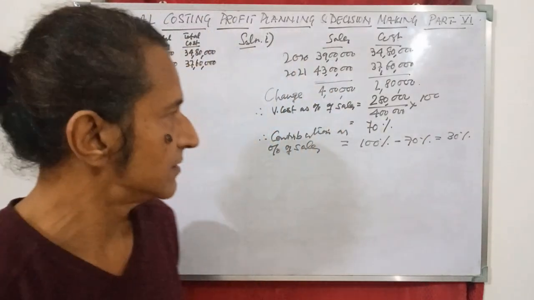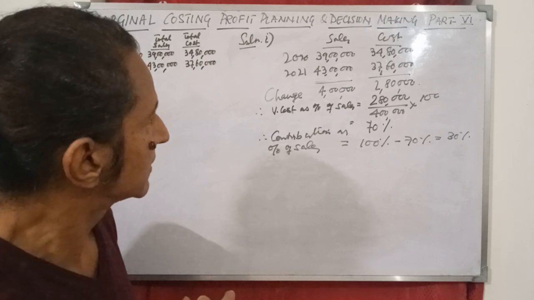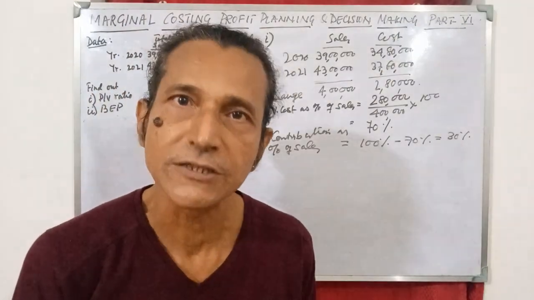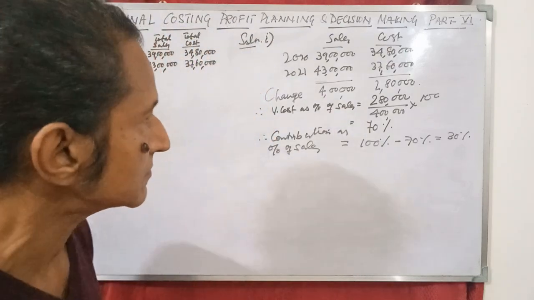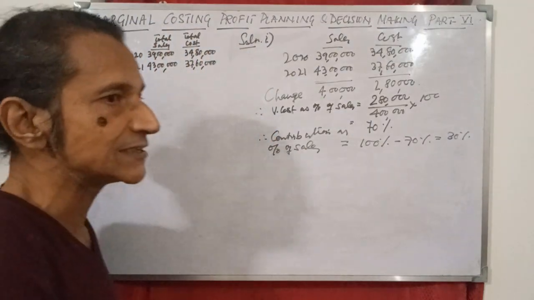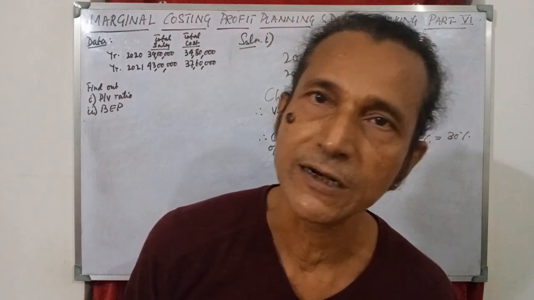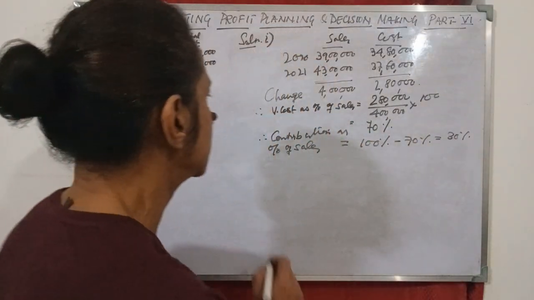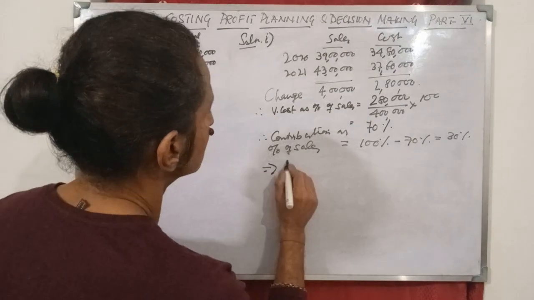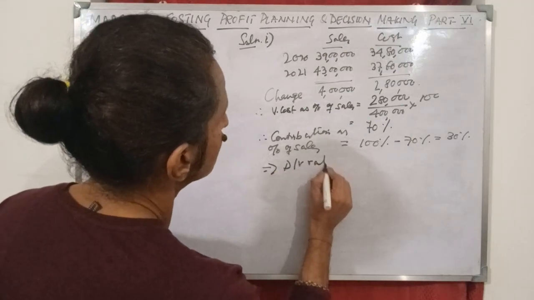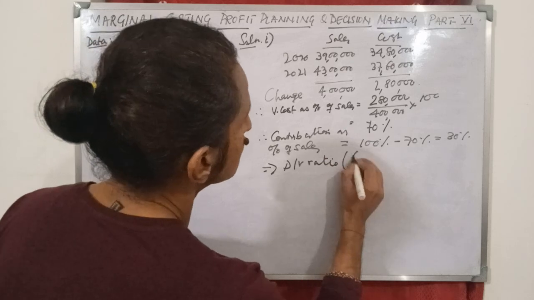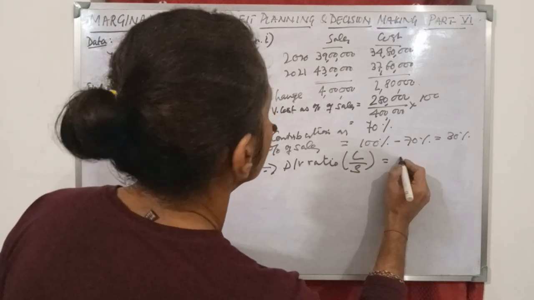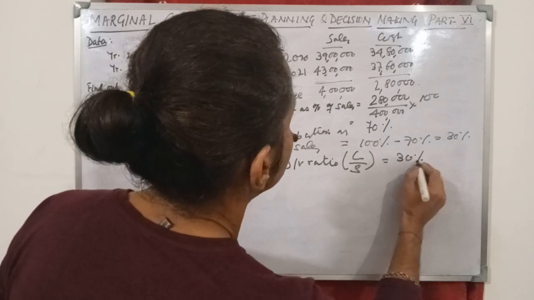This means contribution and variable cost are the two constituents of sales. Since variable cost is 70% of sales, the contribution is 100 minus 70, that is 30% of sales. This means PV ratio, which is contribution by sales, C by S, is equal to 30%.